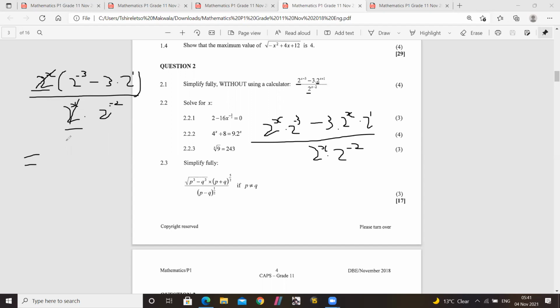What's left is 1 over 8. Before I go there, let me just show you where I got this 1 over 8 from. It's 2 to the power of negative 3, it's not negative 3, it's positive here because you took it to the denominator. So when you take it to the denominator, it becomes positive.